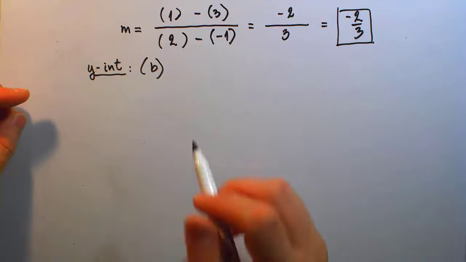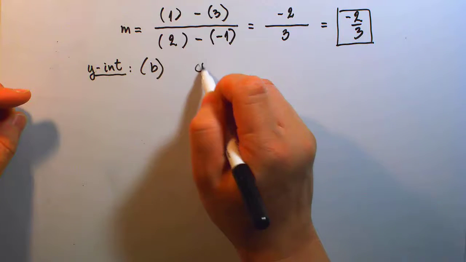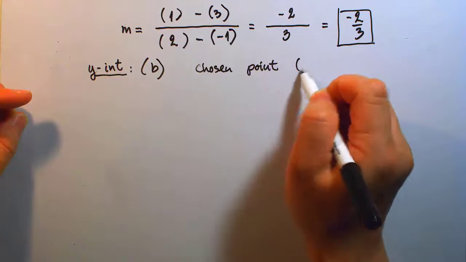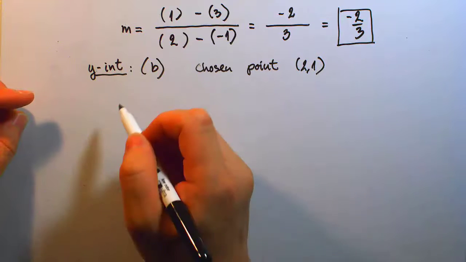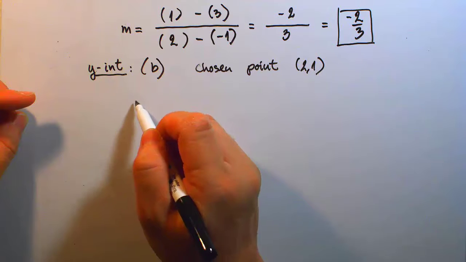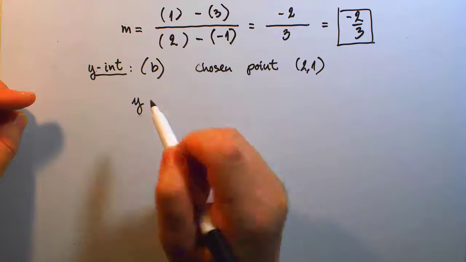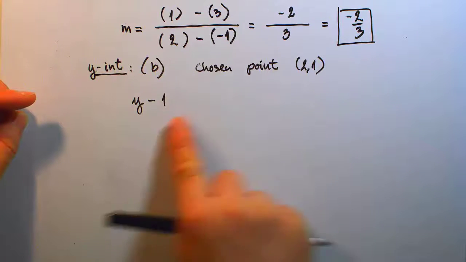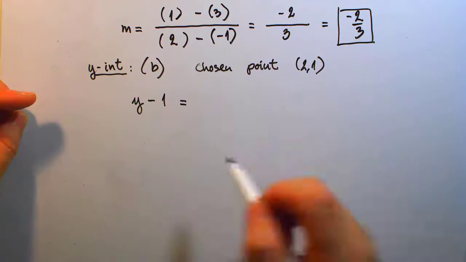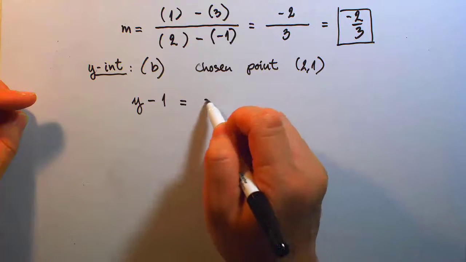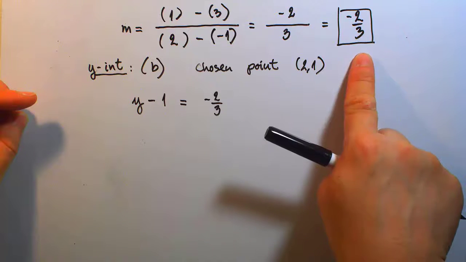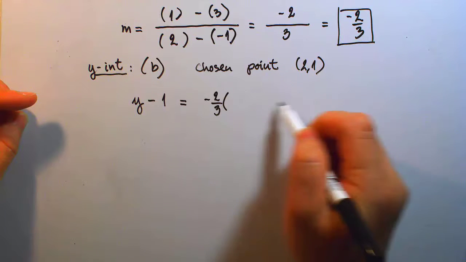With my chosen point being 2, 1, the point slope equation is quite convenient sometimes because it simply formulates the equation as y minus 1. The 1 here comes from the y value of your chosen point, and equals the right hand side, which is simply negative 2/3, which came from your slope, multiplied by a parentheses expression.